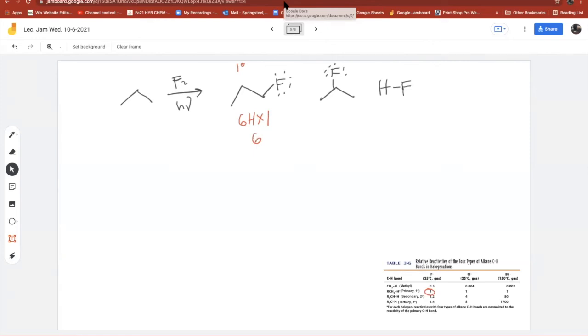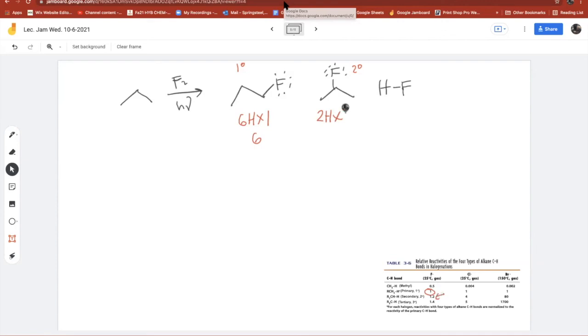And now for the secondary products, how many hydrogens are on the secondary carbon that the fluorine radical can run into? How many hydrogens are here? 2 hydrogens. And what's the relative rate of secondary? It's a little bit faster, 1.2.